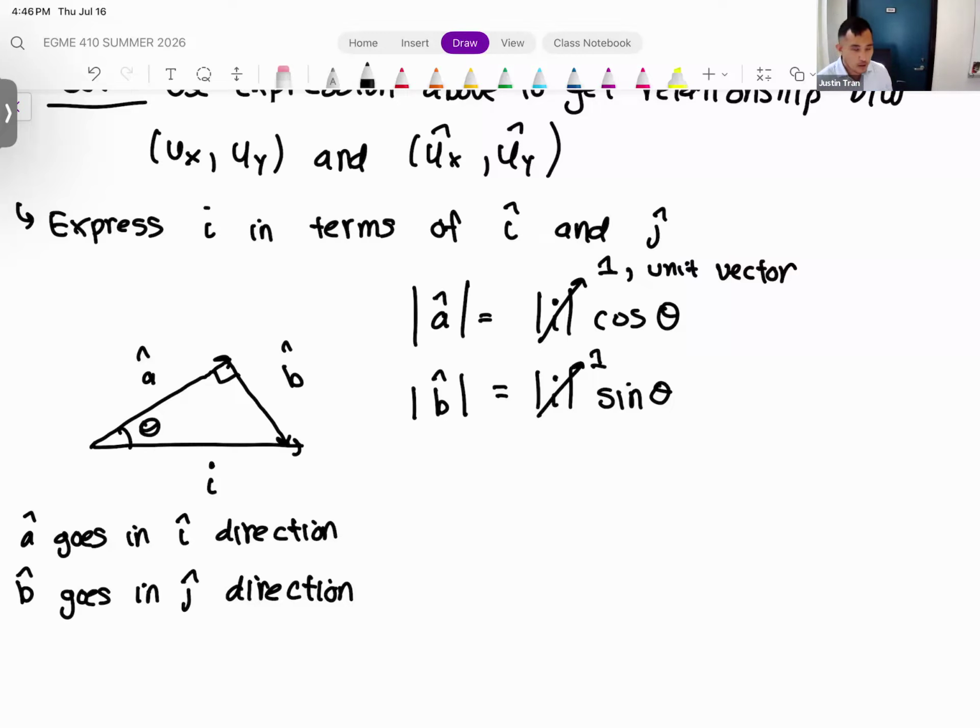Okay. So now we have the lengths of two of those sides. We know the length of A hat and we know the length of B hat. So now let's just use simple vector addition to add them together, because of how I constructed this triangle.